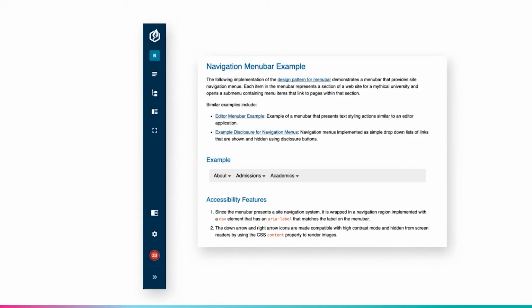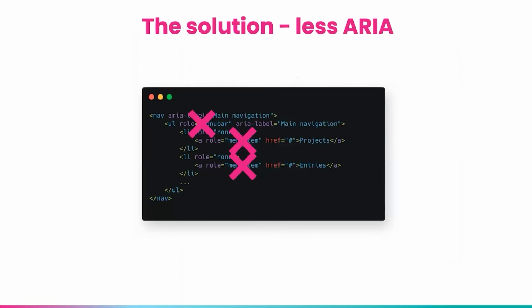So you can see why that could be confusing. And the solution was pretty simple. Basically remove those ARIA roles and the menu bar keyboard behavior. So it's one of those cases where less ARIA makes it more accessible. Use standard HTML as much as possible, really.